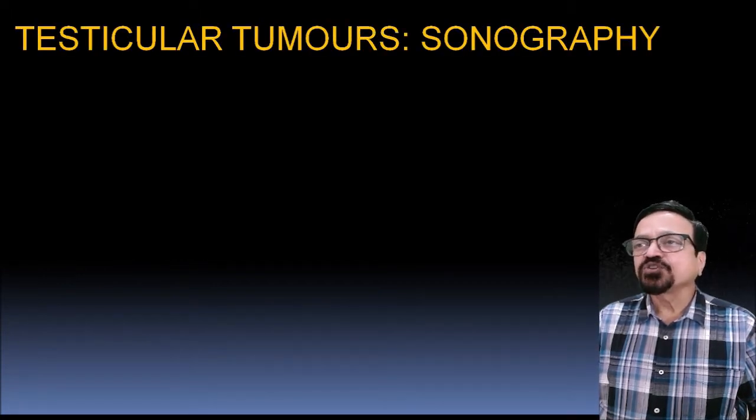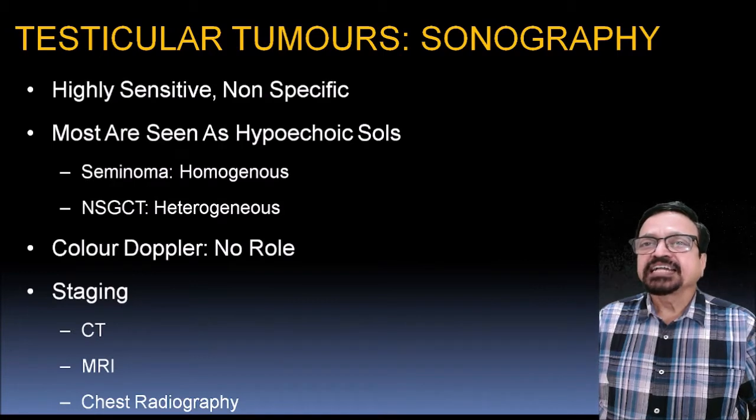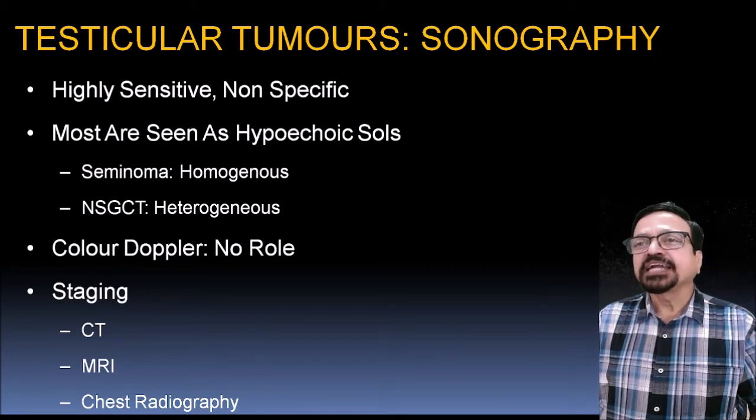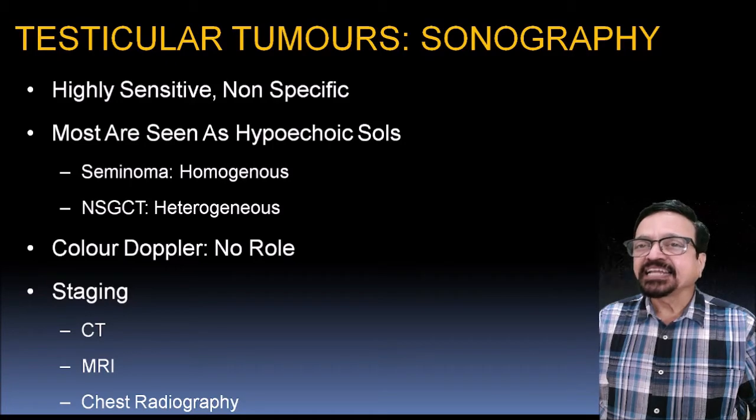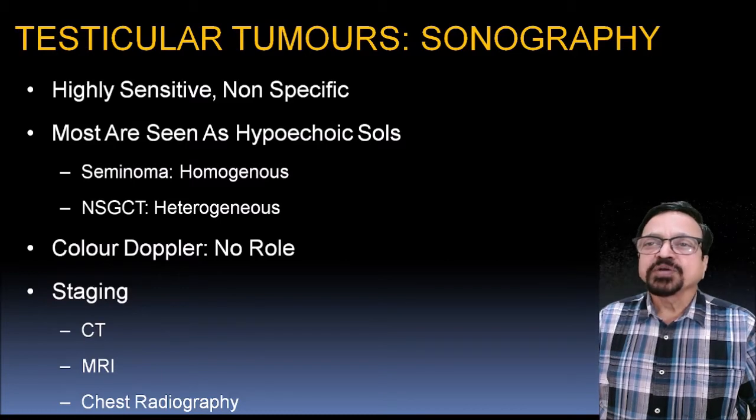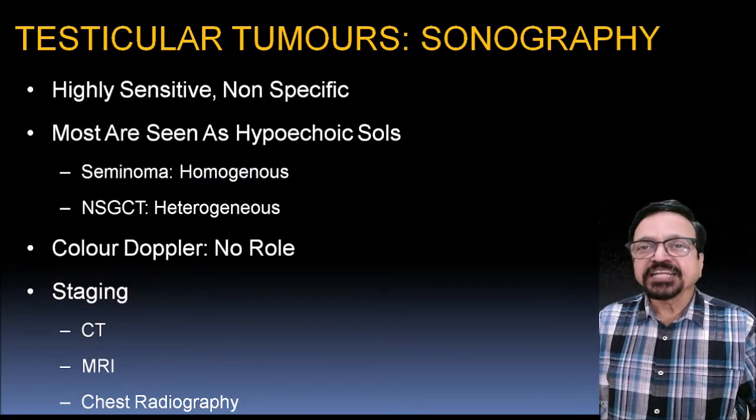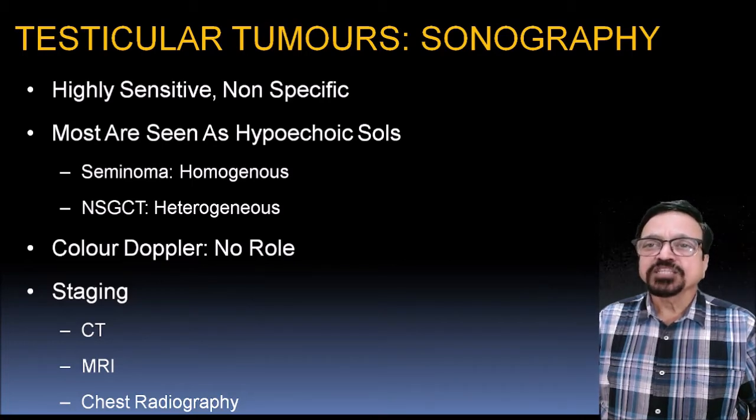Now testicular tumors on sonography: as far as sonography is concerned, it is highly sensitive, however it is non-specific, indicating it can detect the lesion but it never says whether they are really malignant or they are inflammatory or otherwise. So as far as etiology depiction is concerned, sonography is not as accurate, so it is non-specific but highly sensitive.